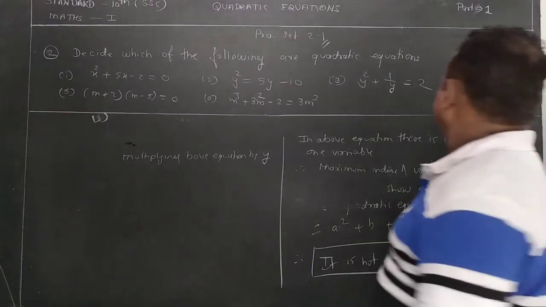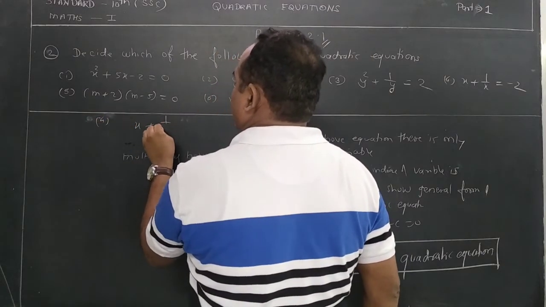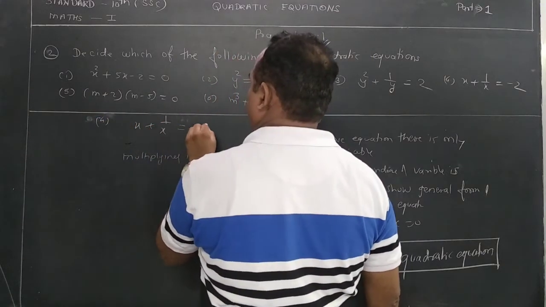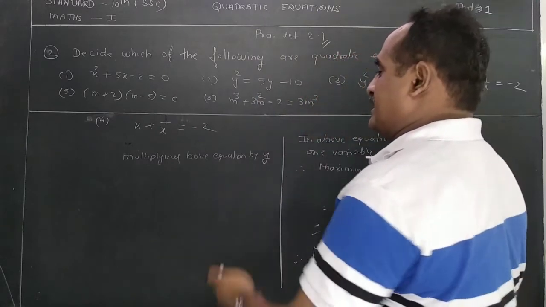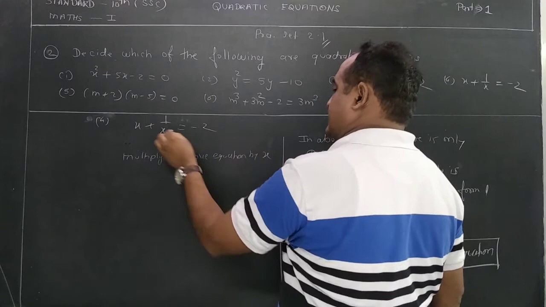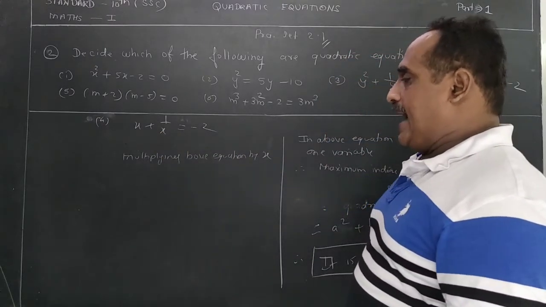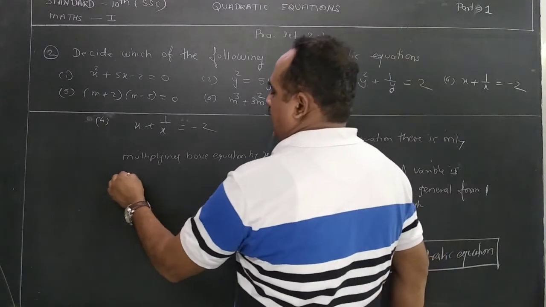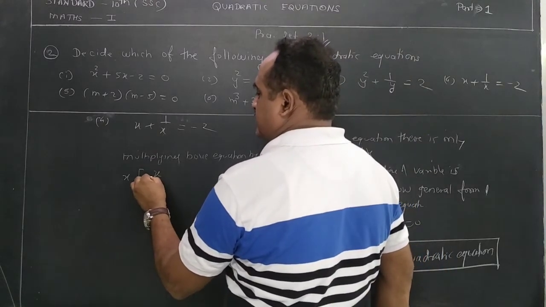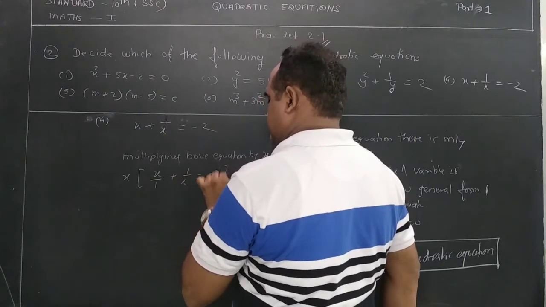Question number 4. That is x plus 1 upon x is equal to minus 2. So in this case, what am I going to do? Multiply. What is in the denominator? x is there. So multiplying the above equation by x. What will happen now? x in bracket x plus 1 upon x.